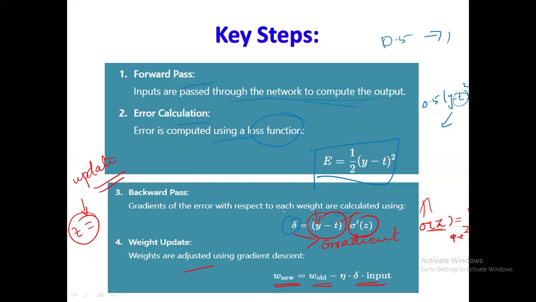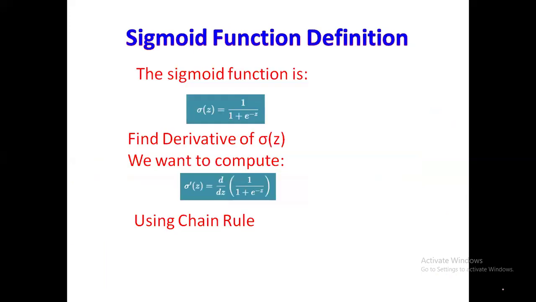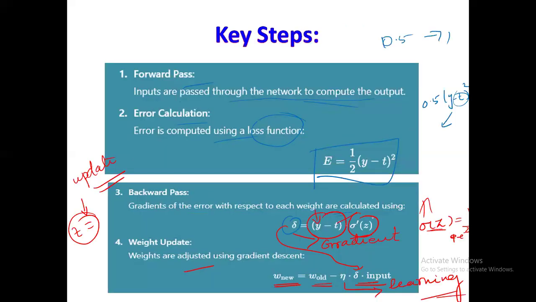Delta we know from the formula here, and eta is the learning rate, which we initialize when we start the problem. Before going into the problem, I'll tell you how to find this sigma dash of z.